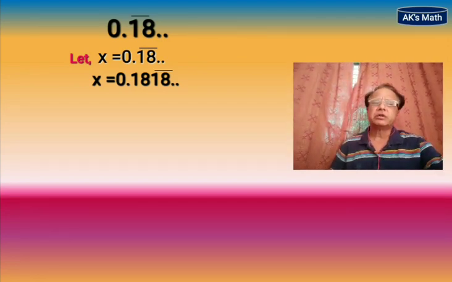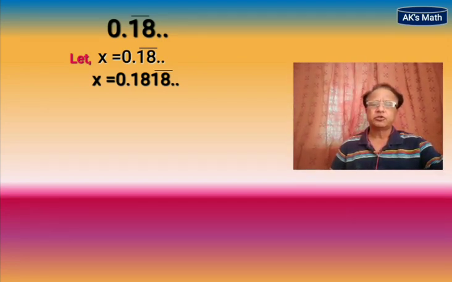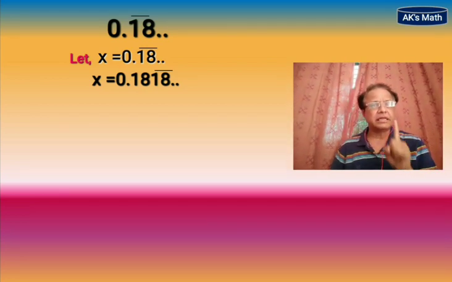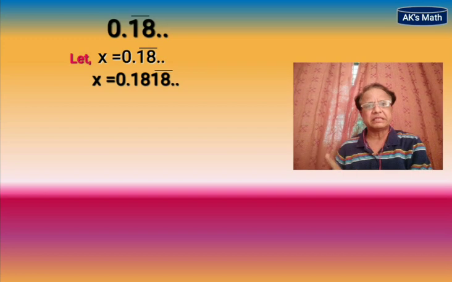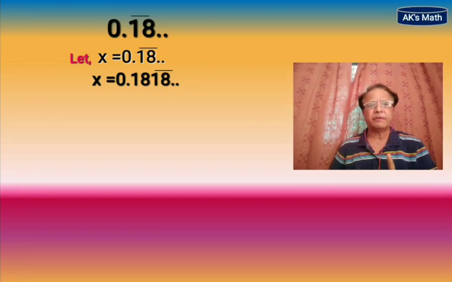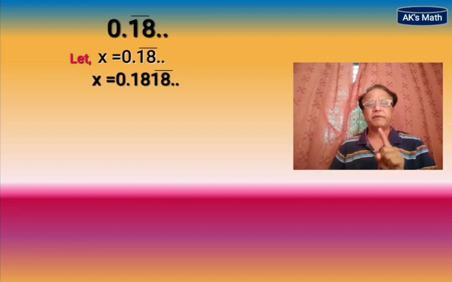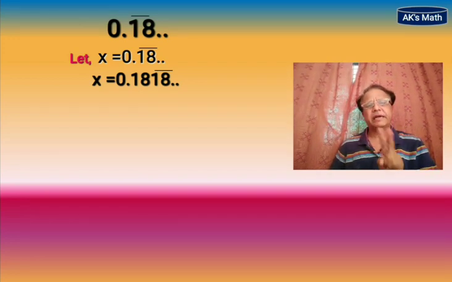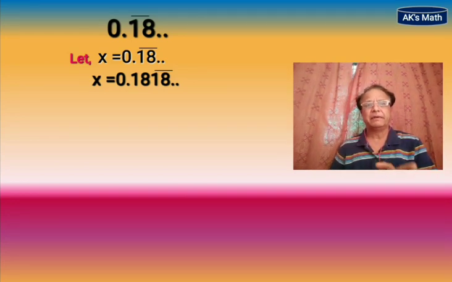Now, the group is of 2 digits, so we have to multiply by 100. Remember, when the group is of 1 digit, as in the last example, only a recurring digit is there, then we have to multiply by 10. When the group is of 2 digits, then we have to multiply by 100. And when the group is of 3 digits, then we have to multiply by 1000.